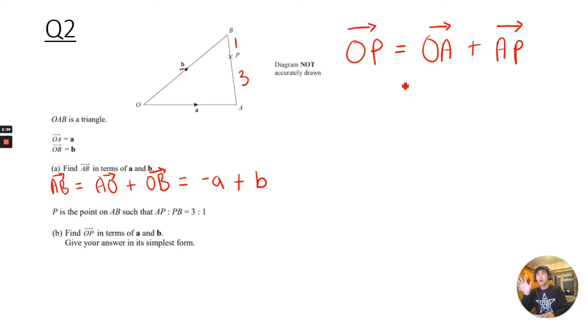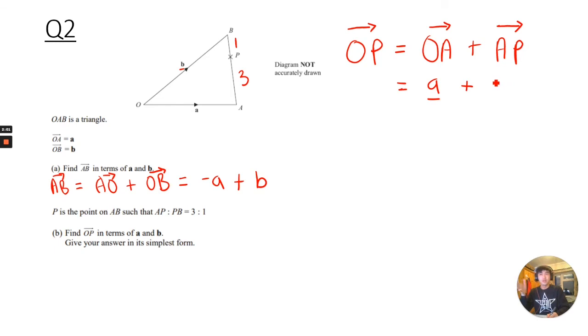Okay, so O to A, we have that already in the question. O to A is the vector A. And then we want to go from A to P. A to P we can write a bit differently. We don't have the vector A to P, but what we do have is the vector A to B, which is what we found in part A. We have that AP is 3 times as long as BP.